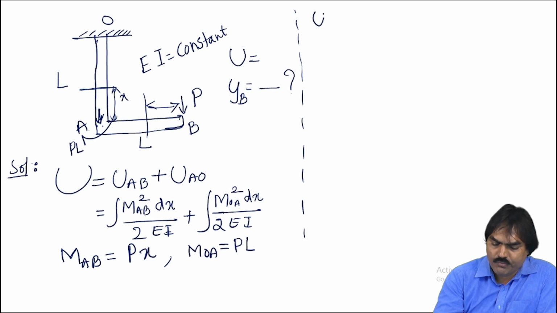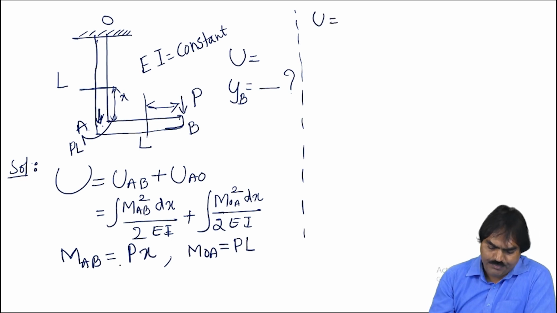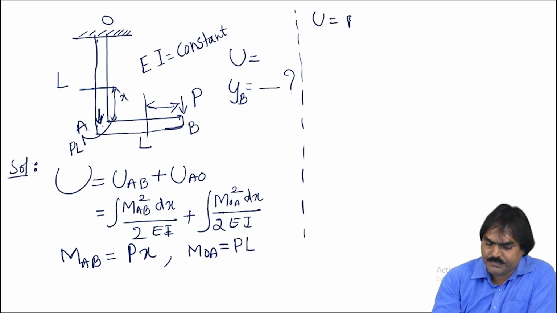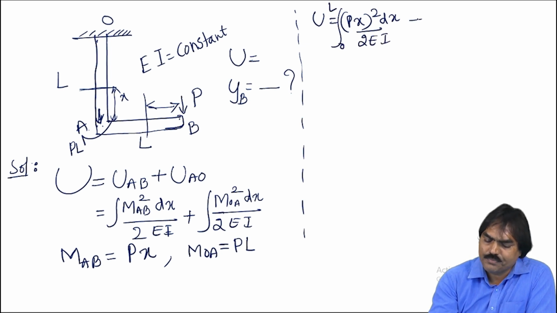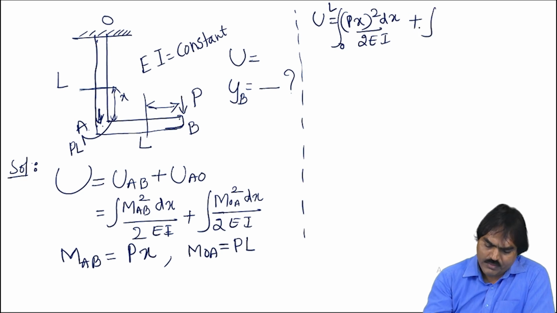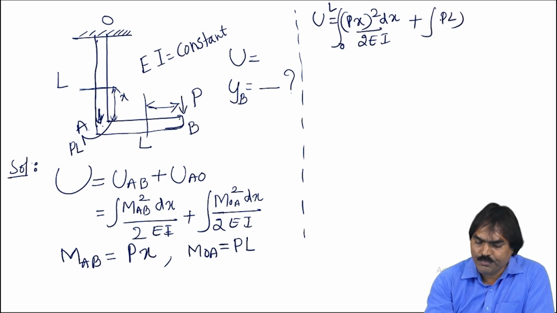Now find the energy. U is equal to MAB, that is Px whole square dx by 2EI, the limit of integration being 0 to L, plus PL whole square dx by 2EI.